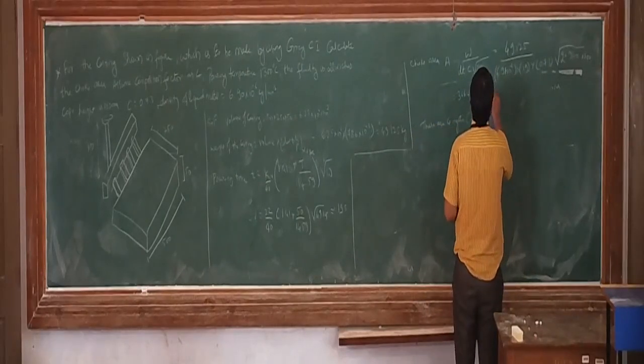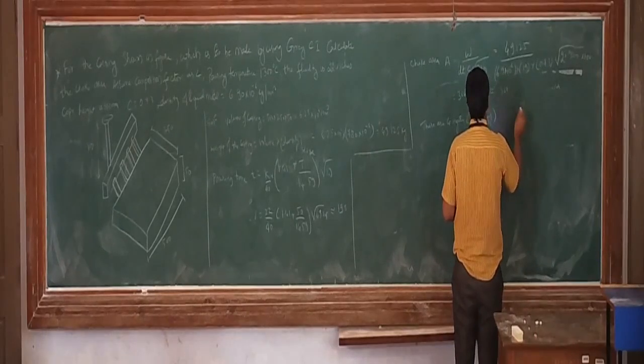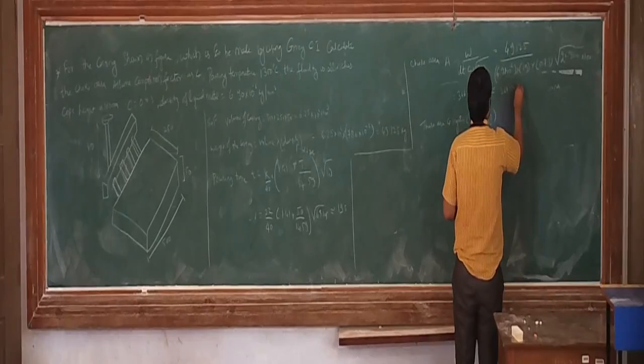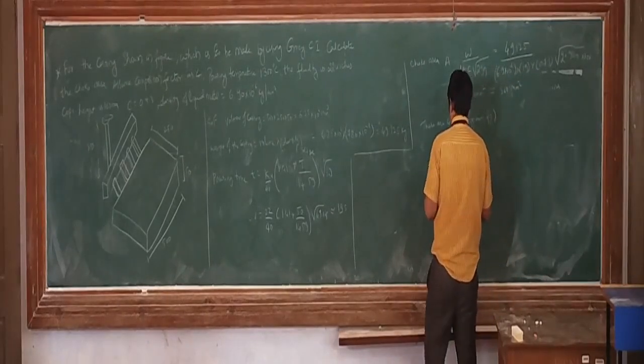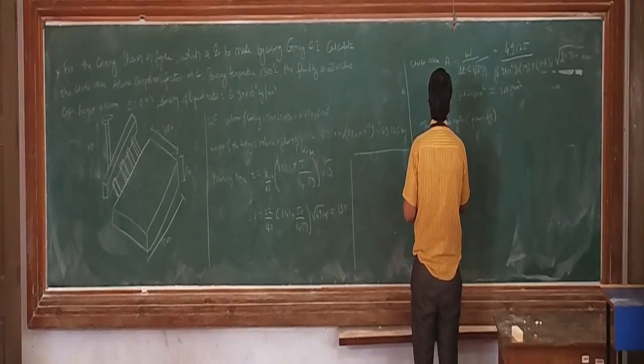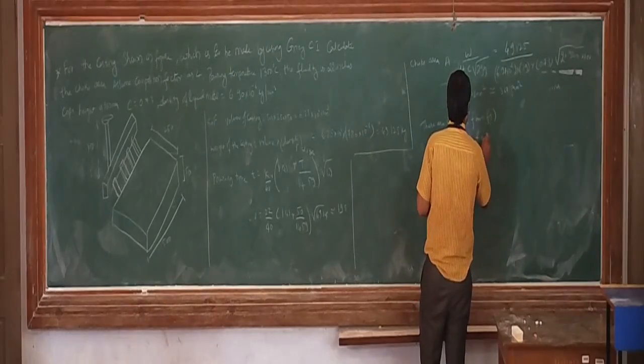So we consider it to be 367 divided by 4. Sorry, 367 mm square. So the area of each ingot can be considered as 361 divided by 4, that is nearly 90 mm square.